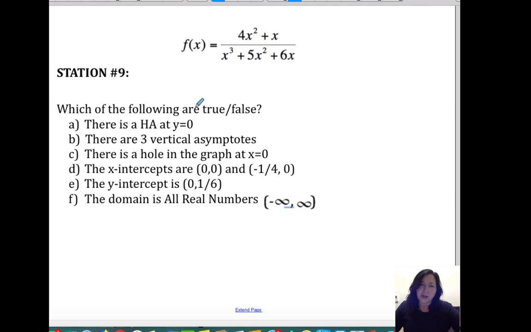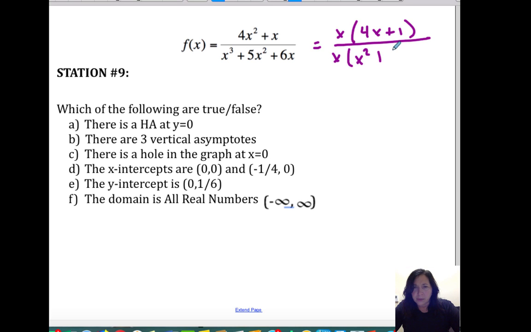For this problem here, which of the following are true or false? So let's just factor to start off with. If I factor this, I'm going to get x times the quantity 4x plus 1. On the denominator, I'm going to start off with taking out an x, and then I get x squared plus 5x plus 6.